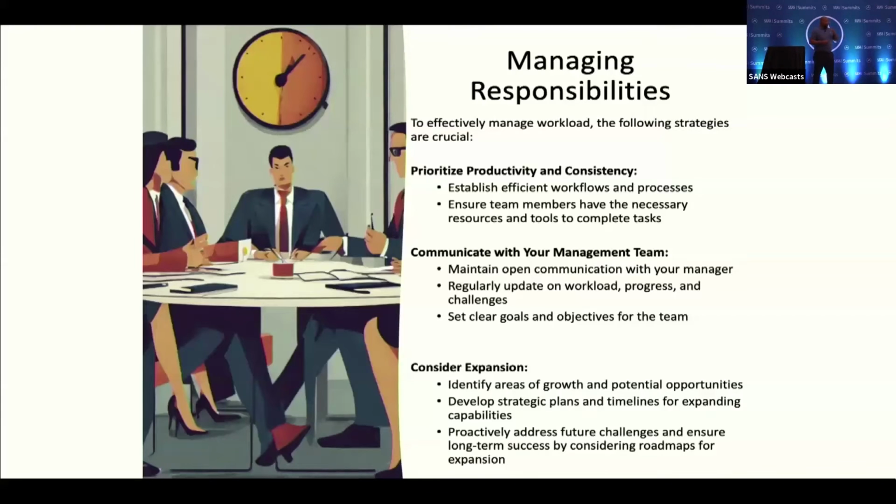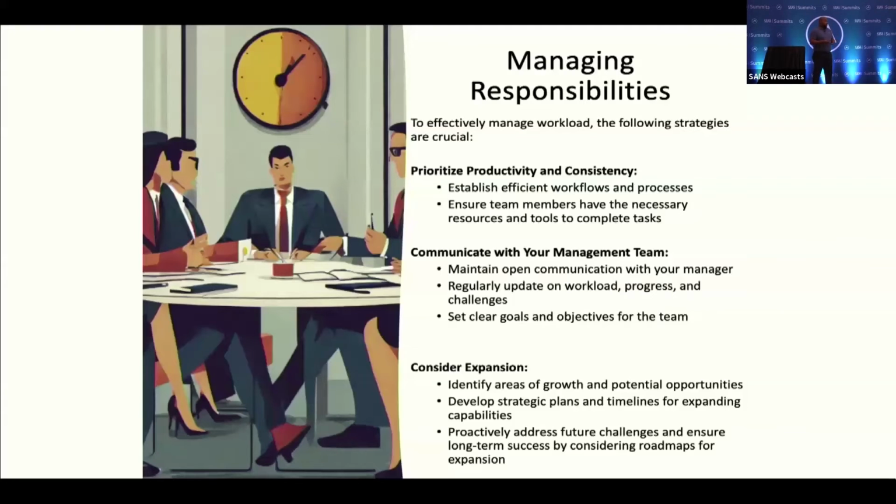When it comes time to manage responsibilities, and I've given a lot of data, at some point your team is going to want to start looking at the engagement, the efficiency, and the quality of work that you're providing. Some ways to stay efficient are to make sure there are different processes and workflows in place, and to make sure that your team has the right resources and tools to be able to complete their tasks.